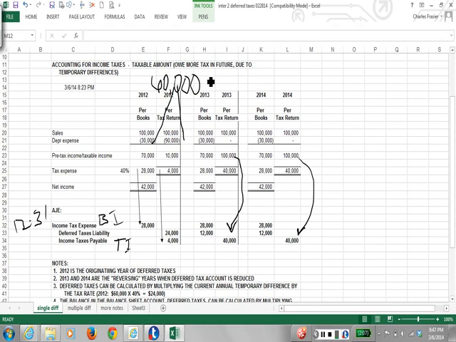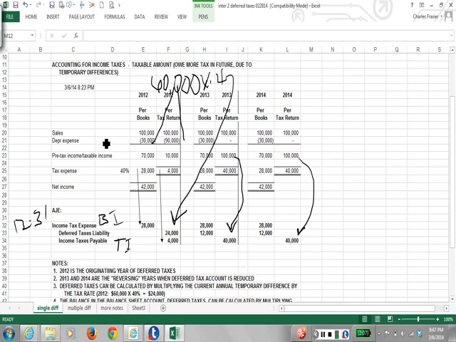If you multiply a temporary difference times the tax rate of 40%, you will always get the amount of the deferred tax. So once again, what is a temporary difference? It is the difference in either a revenue or expense on the books as compared to the tax return.